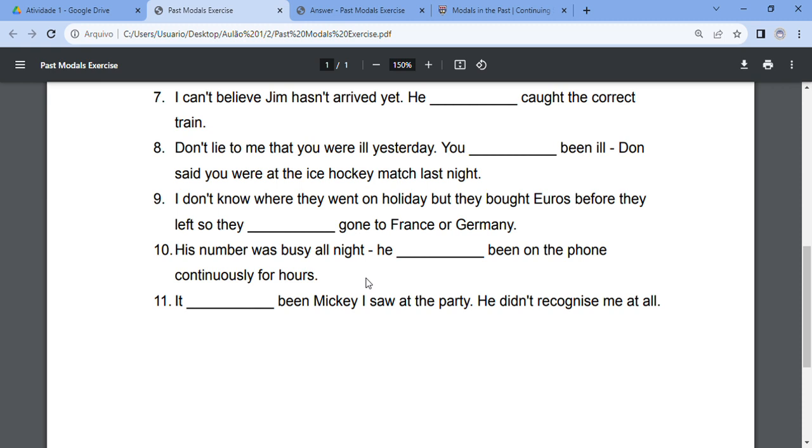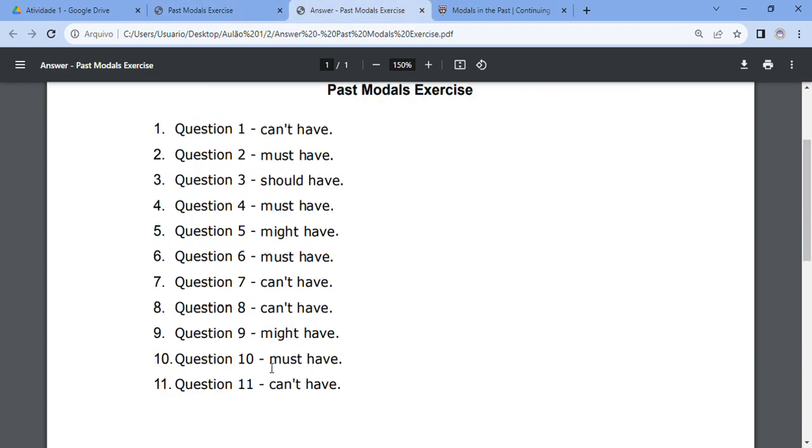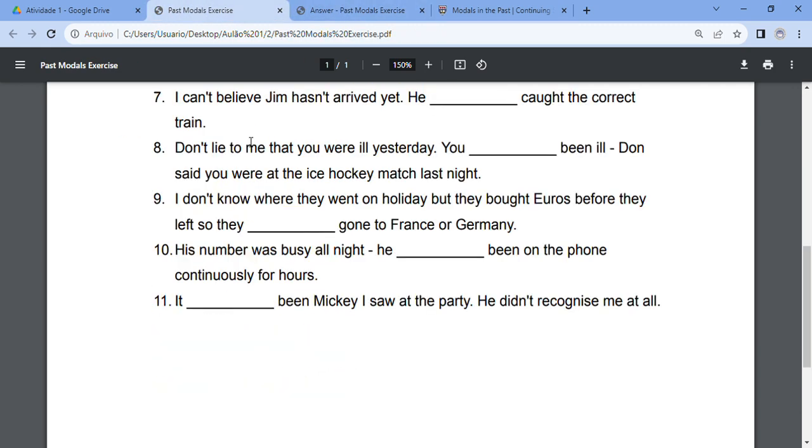So we need to use must have. He must have been on the phone for hours. Must have. And the last one, it something being Mickey I saw at the party. He didn't recognize me at all. So again, it's a situation where you need to use can't. So it can't have been Mickey I saw at the party. He didn't recognize me at all.